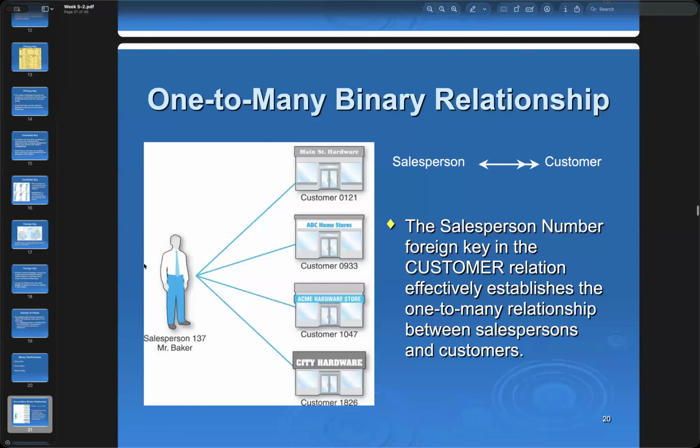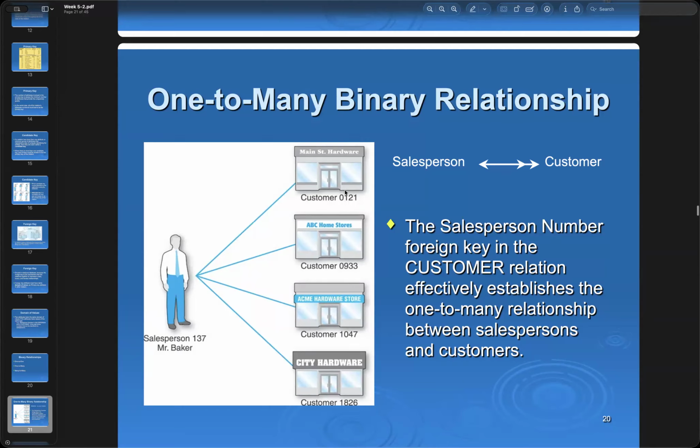In salesperson, I don't have any customer information, but in the customer table, because I want to know which salesperson handles this customer, I have an attribute called salesperson number.